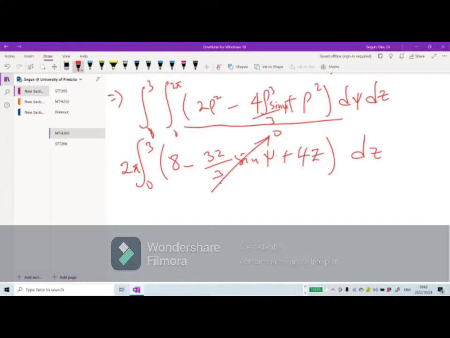Are you getting me now? Do you want me to come again? Yes, sir. You know how we integrate this one? I'll just do a sketch here. It's 2 rho 2 psi, that's the meaning, minus. So when you integrate this one, what do you have? Remember, you have psi.